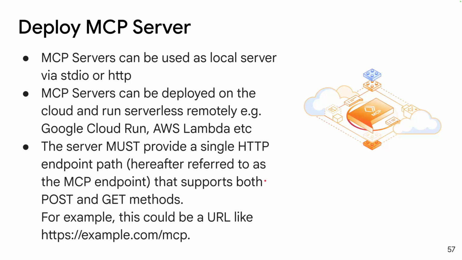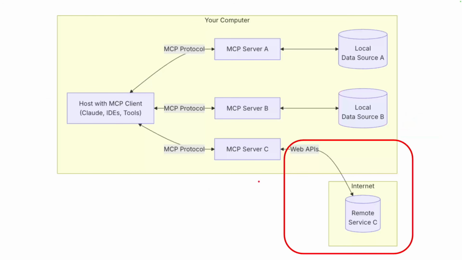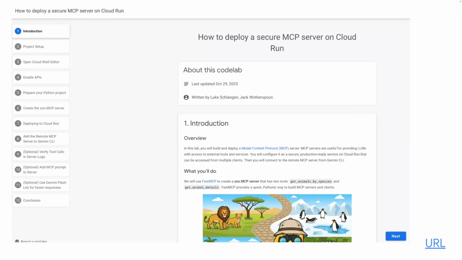So I'm not going to go into talking about deploying into the cloud. There's a very good article on how to deploy to Google Cloud Run or AWS Lambda. Okay, so you can see the internet is where you deploy into the remote service. So if you want to deploy into Cloud Run, okay, there's a very good tutorial on how to deploy an MCP server on Cloud Run.